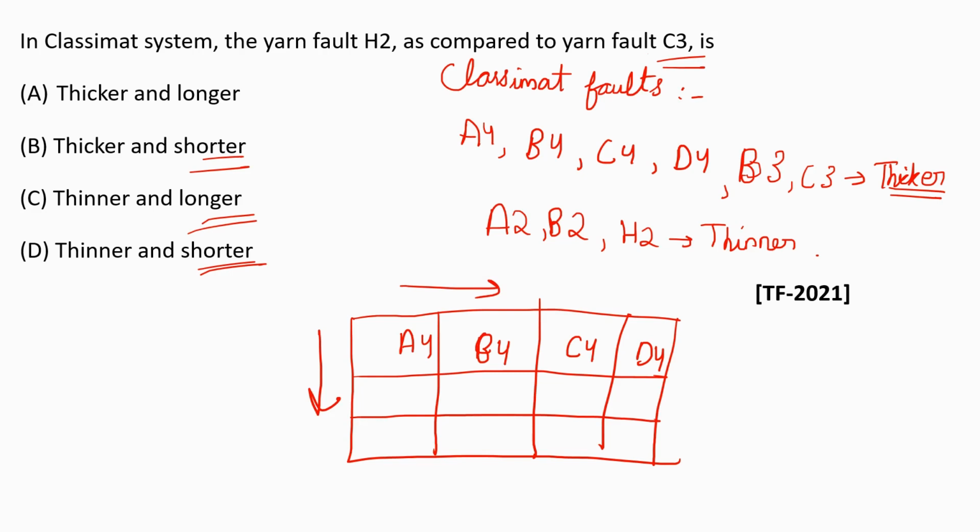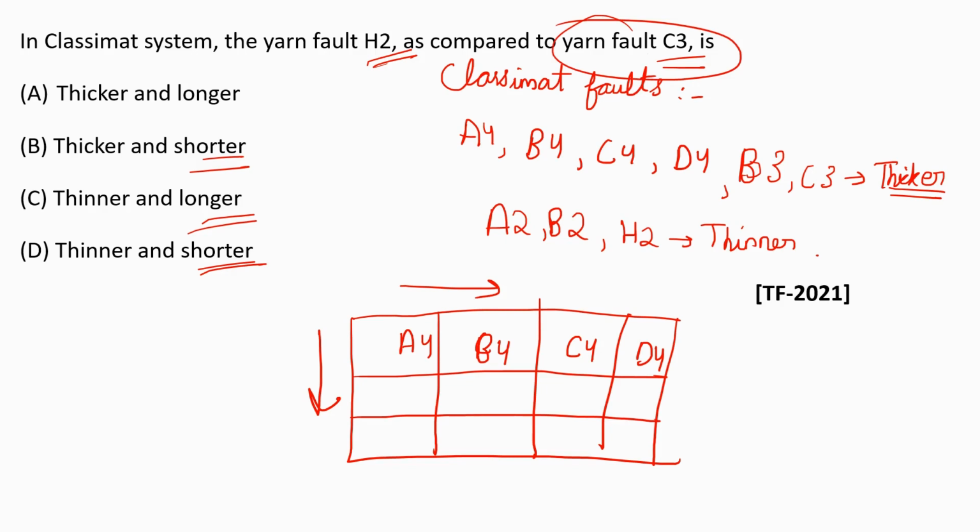So the yarn fault H2 is comparatively thinner, but it is longer. It is about 8.32 long thin fault. The fault H is said to be a long thin fault as compared to the yarn fault C3.